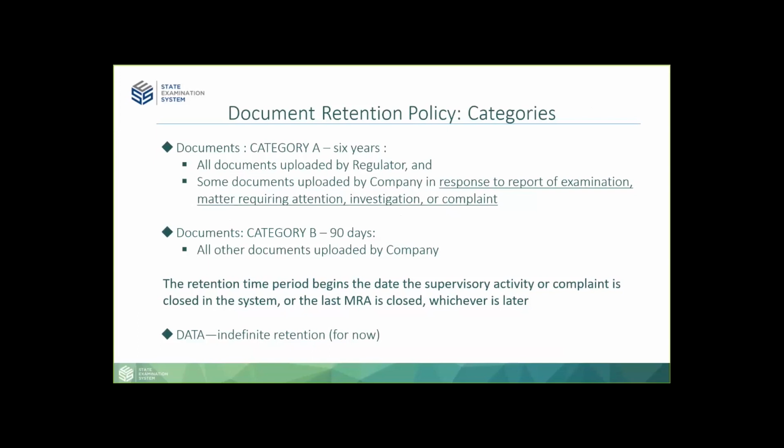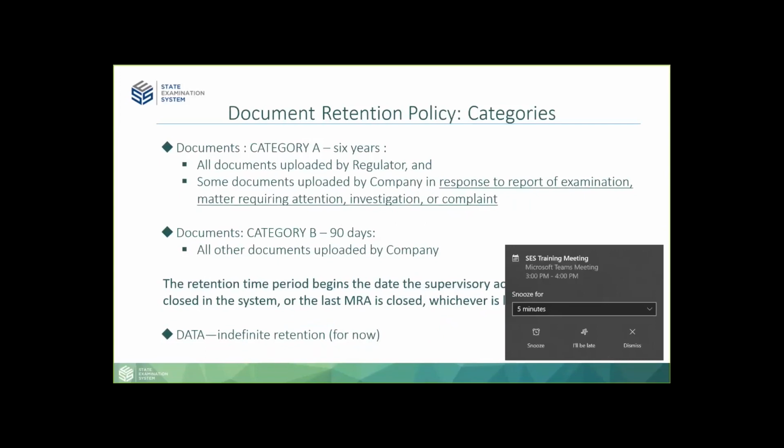But that's the case for now, because if we go back to that agency comment period that we talked about, this is one of the areas where agencies felt uncomfortable keeping data fields indefinitely in the system, because there are instances where these data fields might capture sensitive information such as CSI or PII.